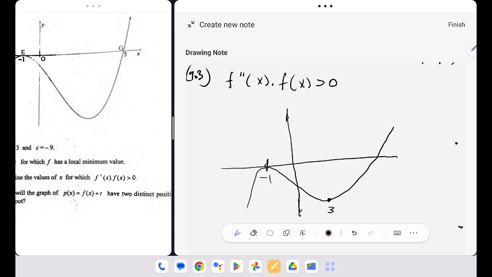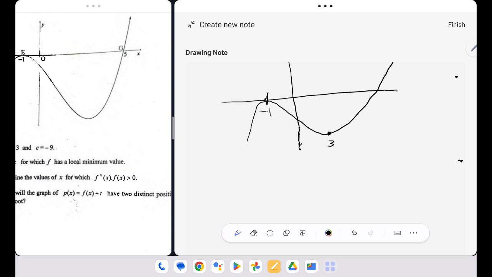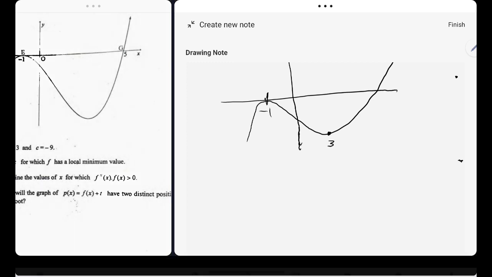That simply means those two things must have the same sign. Are we together? So they said I must use the graph. That means I must also draw the second derivative function. My first derivative function, I know it will move like this, but I'll erase it.